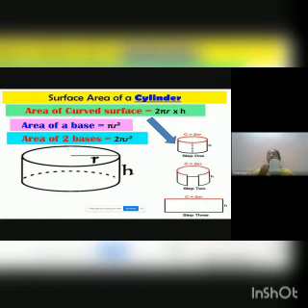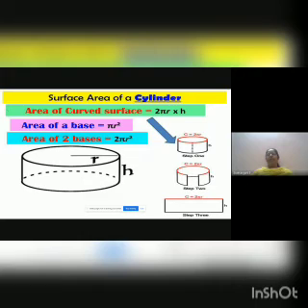You already learned in your lower class the area of a circle and the circumference of a circle. Here in the figure also they mention the area of the curved surface is 2 pi r into h.